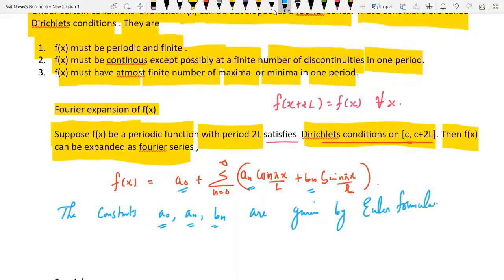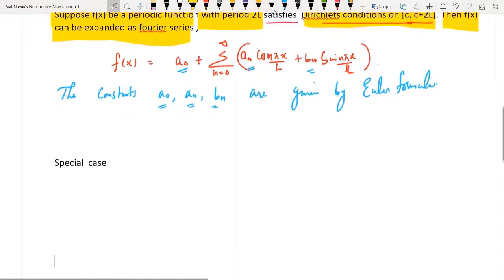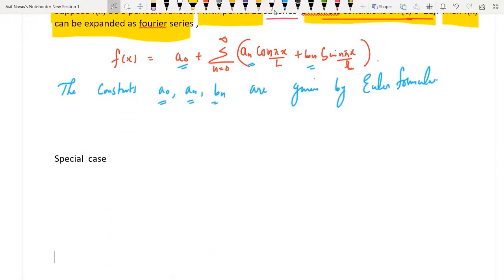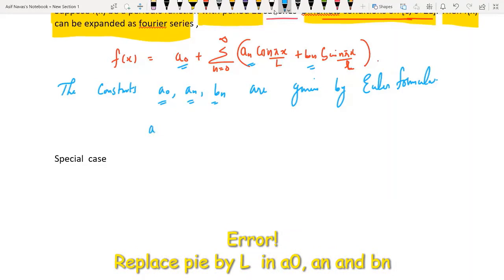Euler's formula is: first, a0 = (1/2l) ∫ from c to c + 2l of f(x) dx. This is a0.